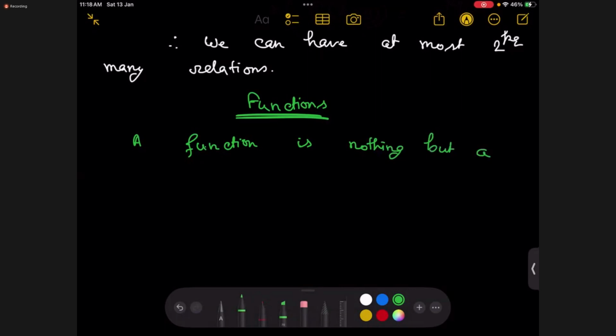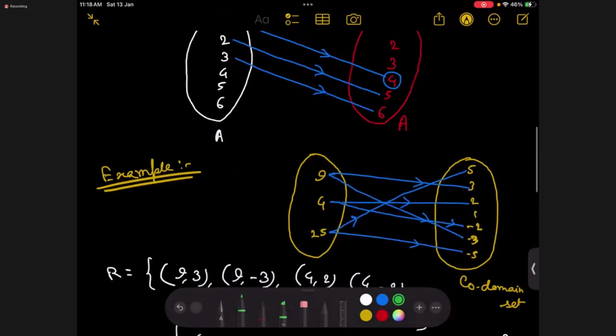Put this in your mind and then think about these two relations.